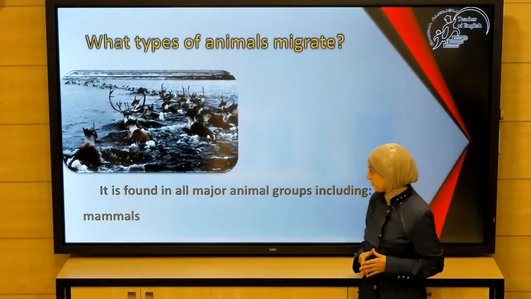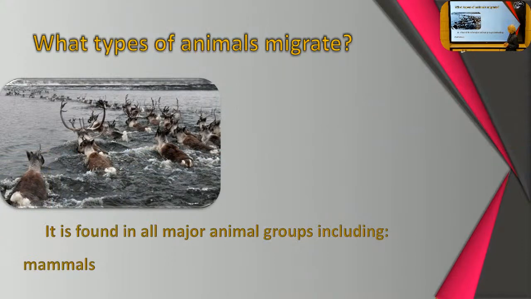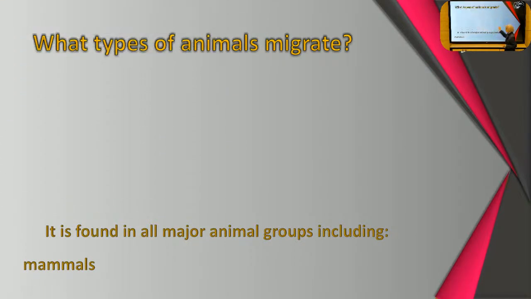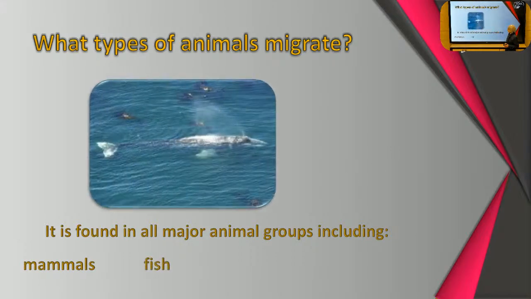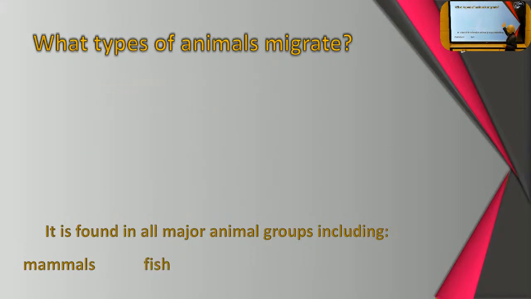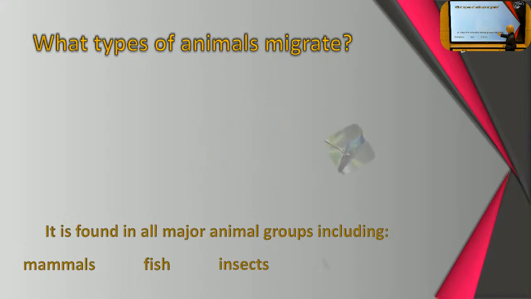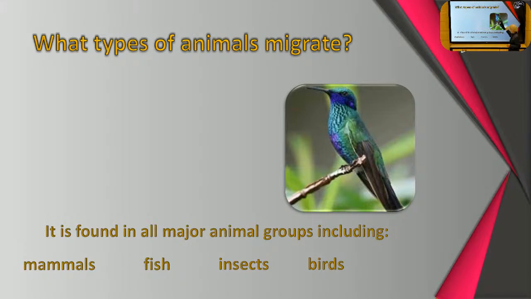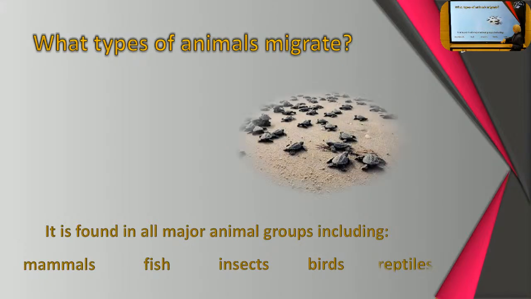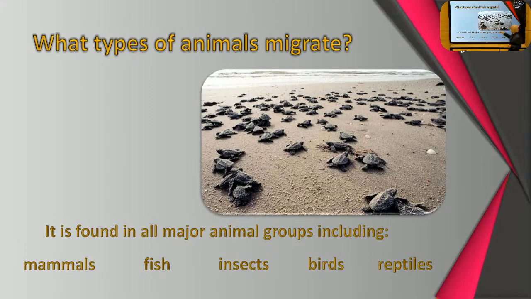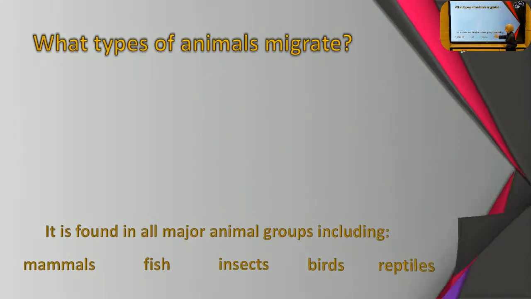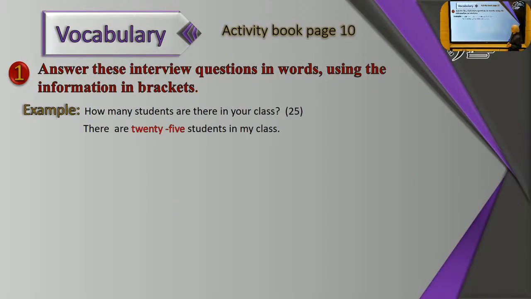It is found in all major animal groups, including mammals, like for example gazelles, fish, insects like butterflies, birds, and reptiles, like turtles, for example.